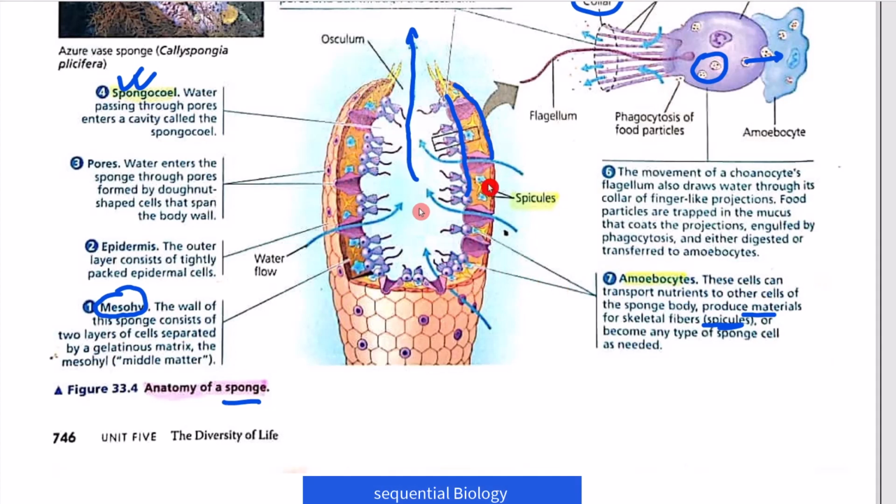After getting food particles from the choanocyte cell, the amoebocyte may also transfer them to other types of cells in the mesohyl layer. Another important function of the amoebocyte is to produce the material of the skeletal fiber, which is known as spicules. This is also an important characteristic feature of this phylum.